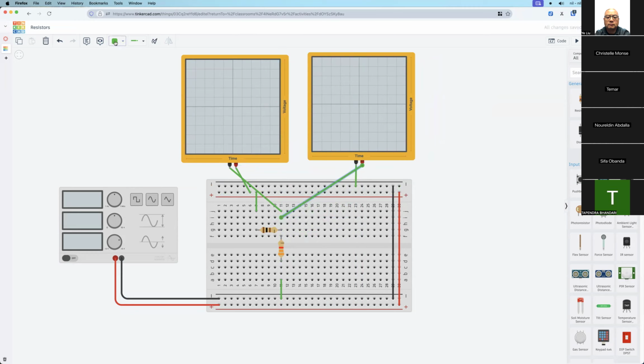Okay, let me change the color. Red, black. This is also black. This is red. So when we do the real lab, we cannot organize the two oscilloscopes in this way. This is because for the real oscilloscope, the negative terminal should connect to the ground.